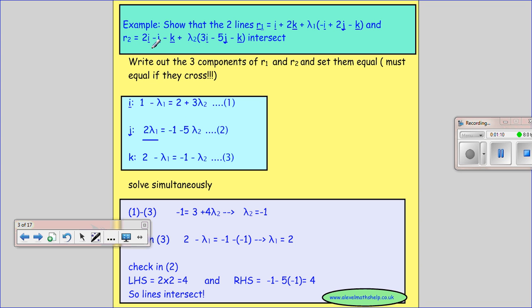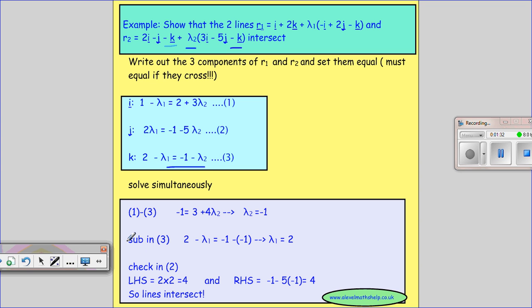And for R2 we've got minus 1 and minus 5 lambda 2. That's where that comes from. And then the k, we've got 2 minus lambda 1 for R1, and then for R2 we've got minus 1 and minus lambda 2. So now what we're going to do is solve these simultaneously.